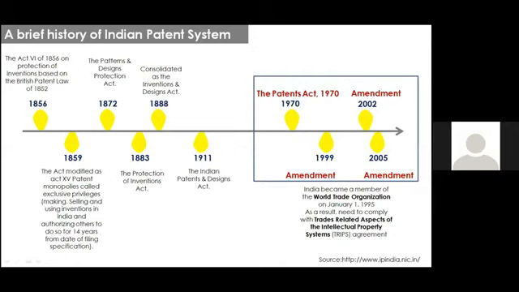However, it took another 12 years before the act was finally passed as the Patents Act in 1970, which is enforced even now. However, in 1995, India became a member of the World Trade Organization, and as a result, it was required to comply with the Trade-Related Aspects of Intellectual Property Rights Agreement, also called the TRIPS Agreement.